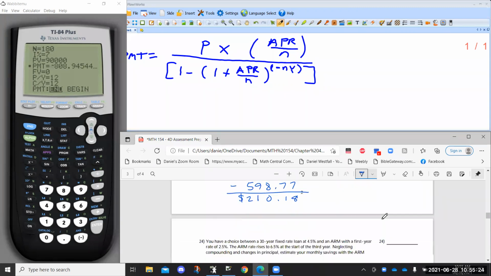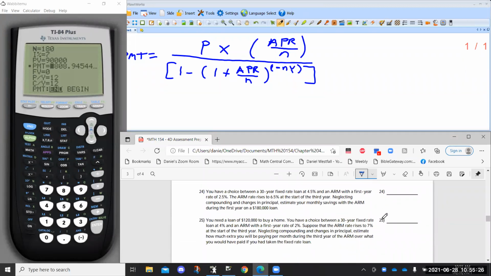That's two problems. We have a choice between a 30-year fixed rate loan at 4.5%, and an ARM. We'll talk about what an ARM is here in a second.